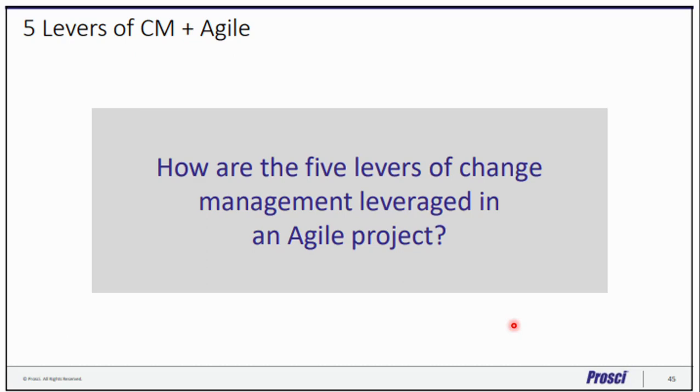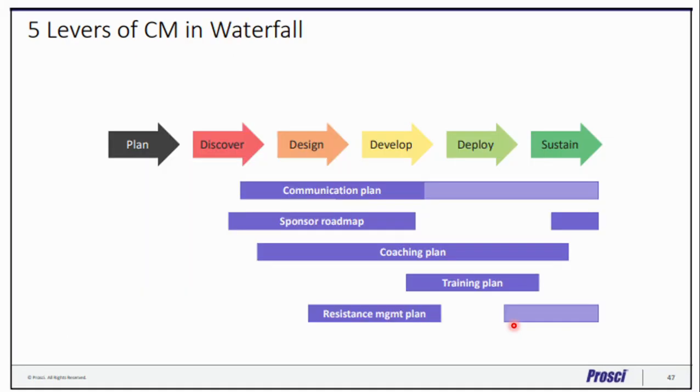How will it be applied? So in a traditional waterfall method, the communication plan will apply from beginning to end, definitely. And the sponsor roadmap, supporting your BU heads, will start from the business discussions level itself, and it will continue.